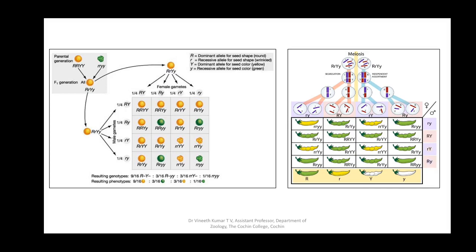Yesterday we took one trait, and trait and character are the same. The character was flower color, and the alleles were one allele giving red flower color and the other allele giving white flower color.